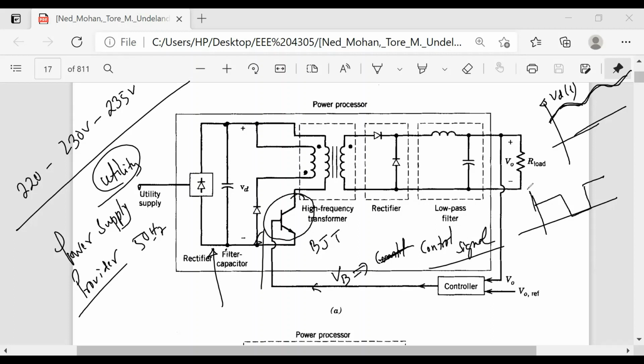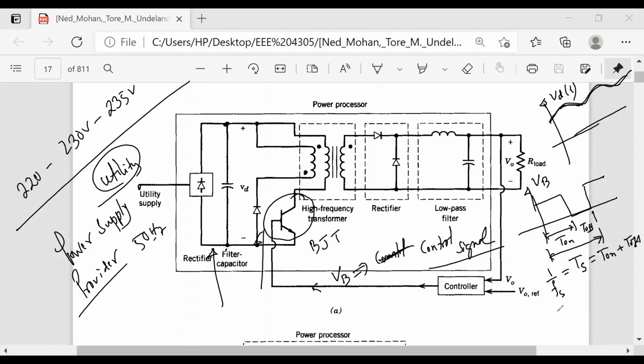Suppose this is your switching voltage. Up to this period it is turned on, T on, and this is your T off. You are already familiar with this one, right? Ts we call the switching time period, and that must be equal to T on plus T off, and that must be equal to 1 by Fs. Are you familiar with this one?